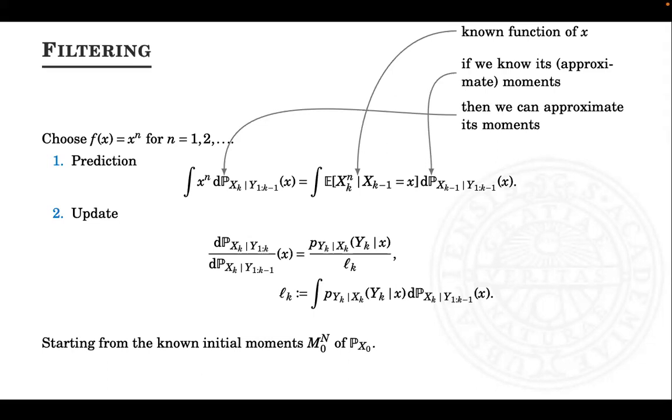Similarly, for the update step, since we can compute the moments of this measure, we can compute this quantity, because this is a function which we know by model construction. We can compute this number, which is a normalizing constant, and then we can compute the moments of the next filtering probability measure, just by evaluating this function multiplied with another monomial.